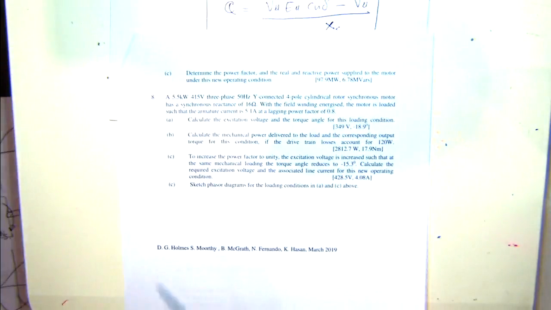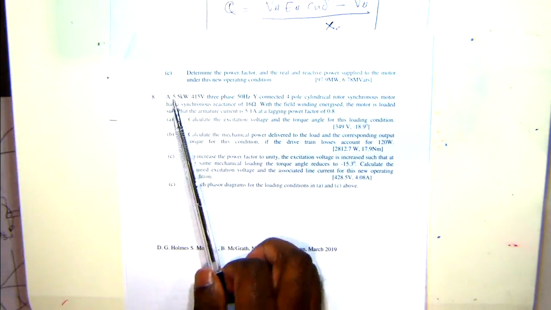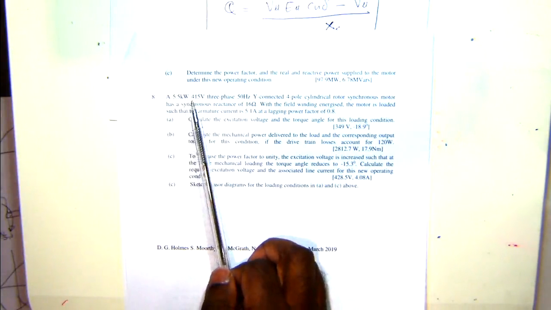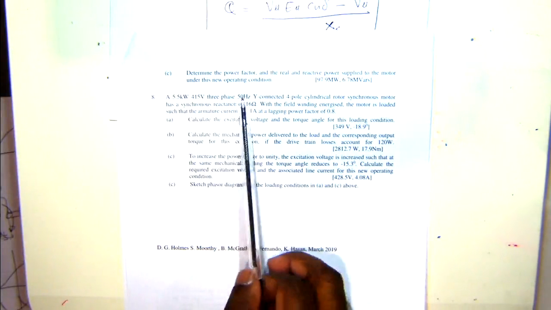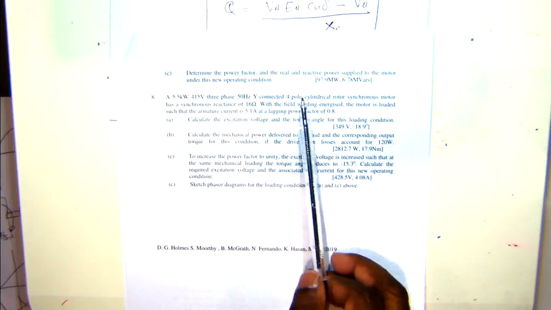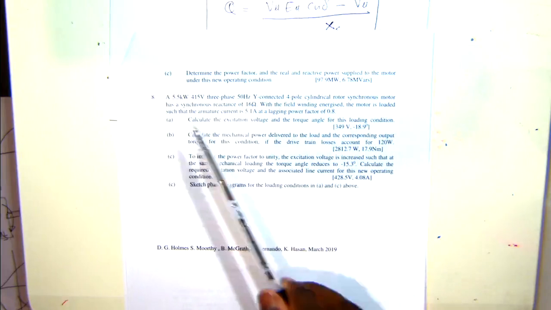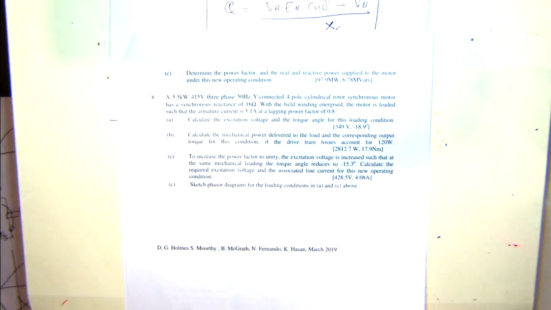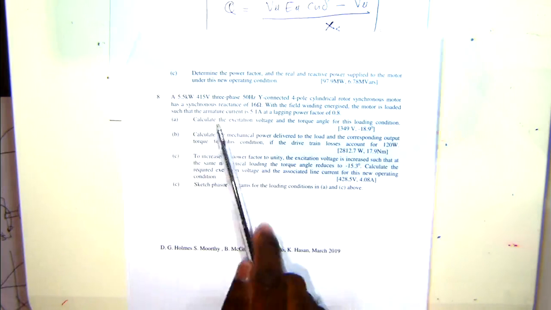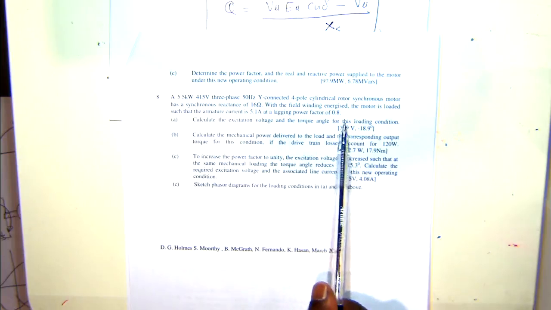So question 8 of the tutorial says a 5.5 kilowatt, 415 volt, three-phase, 50 Hertz, Y-connected, 4-pole cylindrical rotor synchronous motor has a synchronous reactance of 16 ohm with the field winding energized. The motor is loaded such that the armature current is 5.1 amperes at a lagging power factor of 0.8. Calculate the excitation voltage and the torque angle for this load condition.